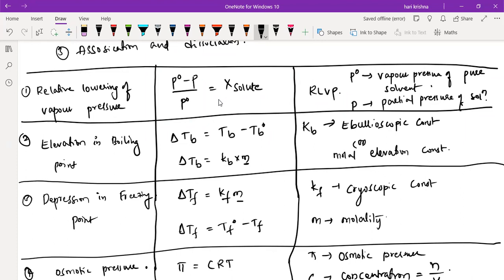Mole fraction of the solute is equal to Na by Na plus Nb. Clear these formulas? Any doubts in these? No, sir. So these are the 4 different formulas.